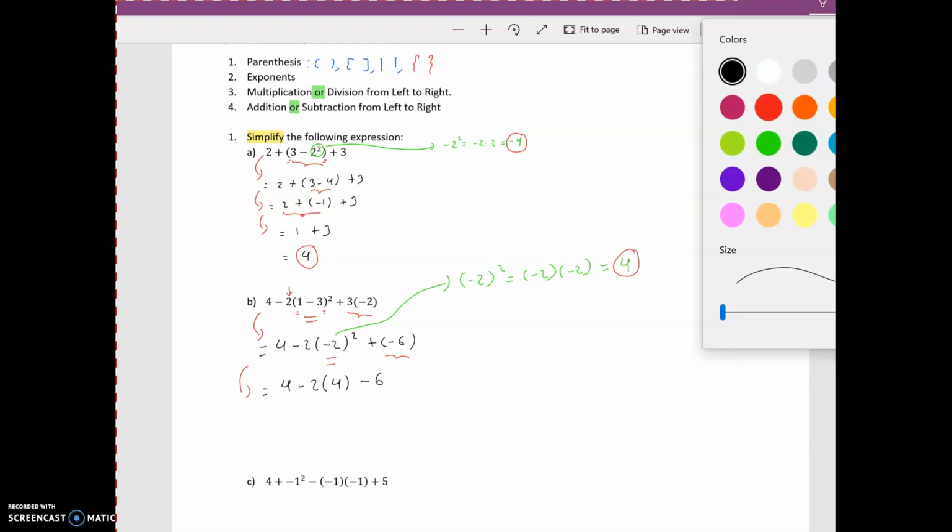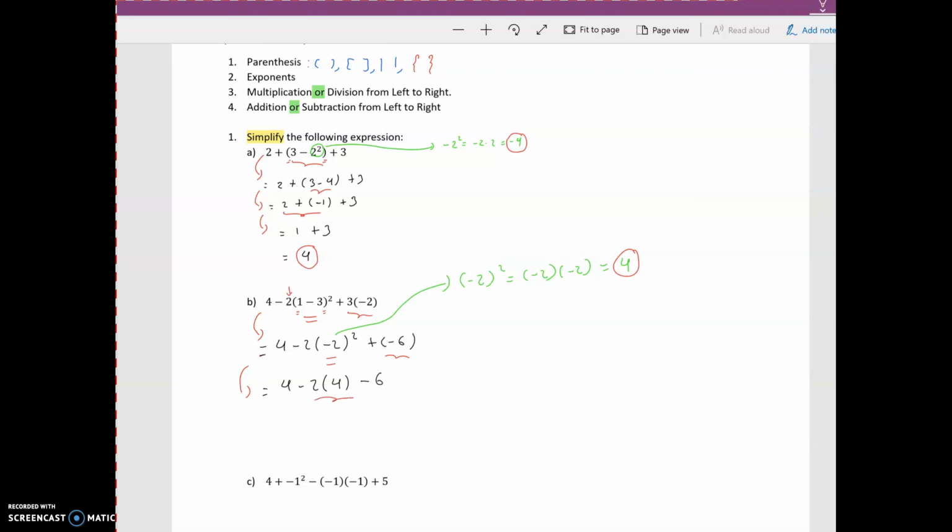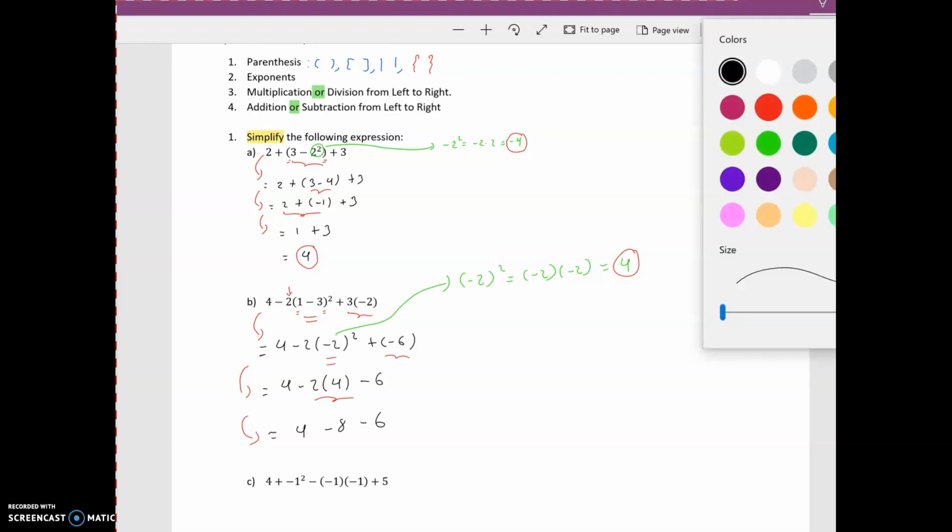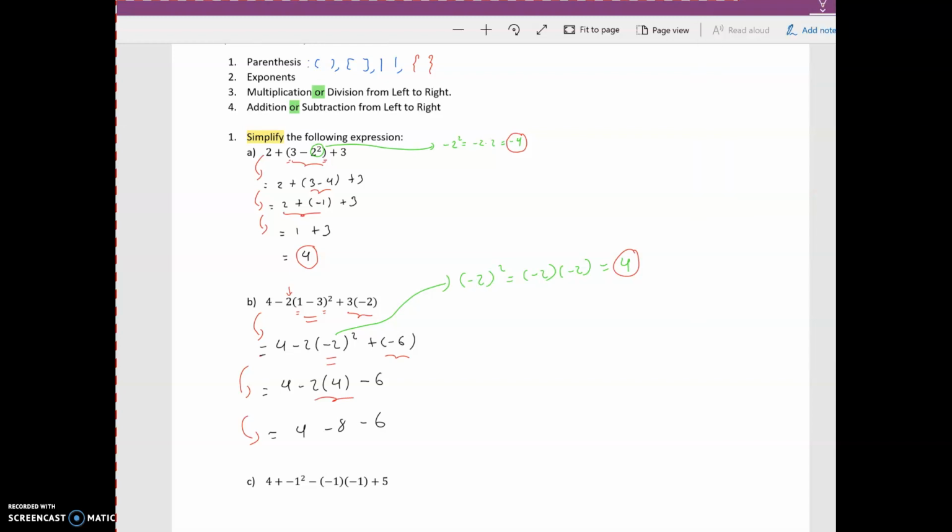And then the next step that has to take place here is the actual multiplication of the 2, actually, in this case, negative 2 and the 4. So this is equivalent to 4 minus 8 minus 6. And I'm just going to follow the order of operations. But at this point, you can technically add them in any order.